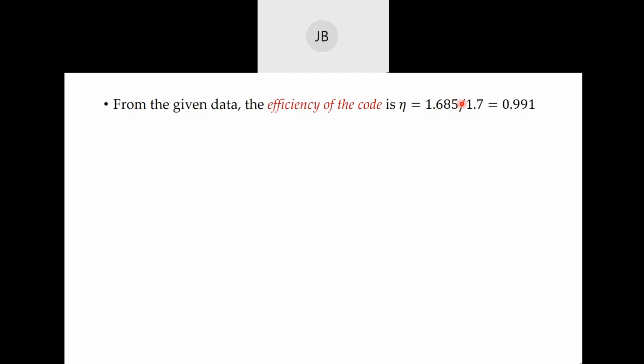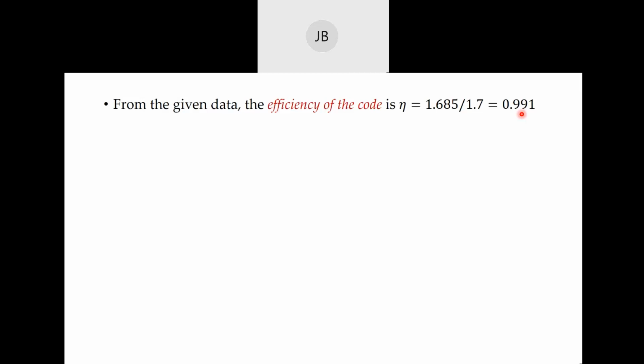From the given data, this is a direct substitution: entropy divided by the average code word length gives us the value of 0.991. That means 99.1% efficiency, so this is not the maximum. Maximum efficiency is 100%, or the value here should be 1. Can we achieve that, or can we do something better than this? That is the question, and we need to test it.